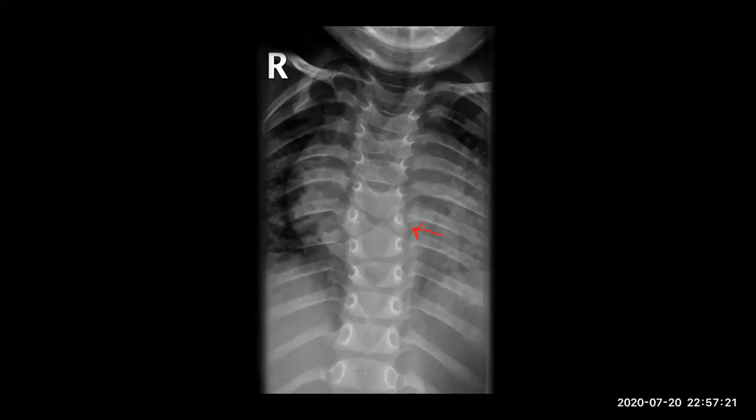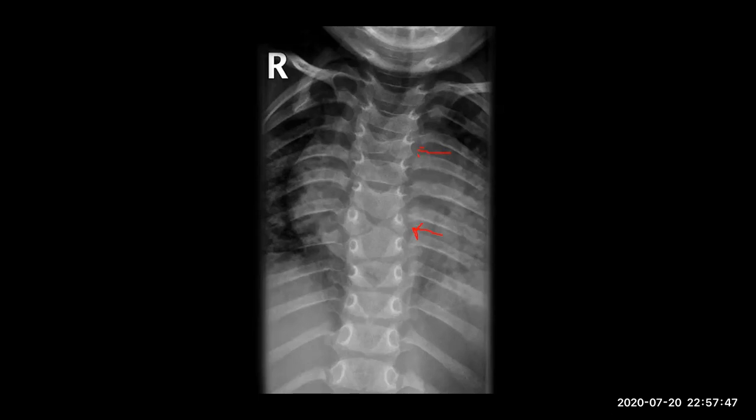This is not for chest, this is dorsal spine. Forget about the heart. Spina bifida. Okay, and this vertebra, T3 or T4? This is T4.